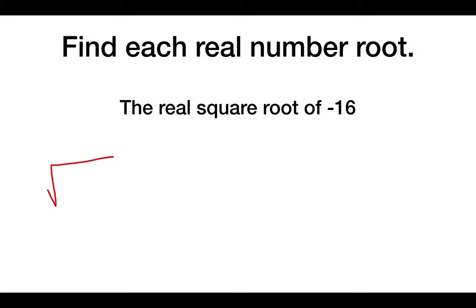So if I wrote that out, it would just look like this, the square root of negative 16. And if you don't remember, the square root of a negative number is just plus or minus the normal square root, in this case 4i. But there's a slight issue here. You see this letter i? The problem is the letter i stands for something imaginary.